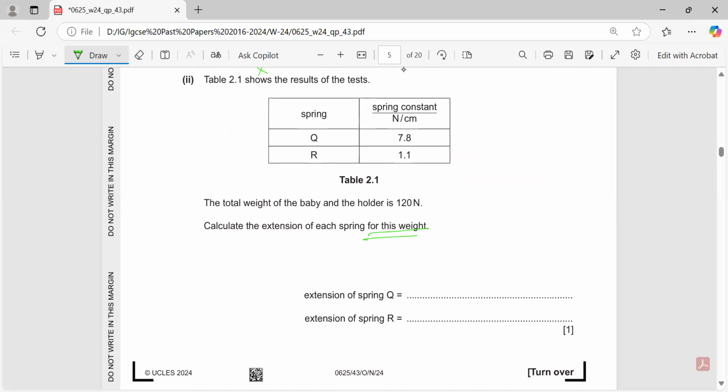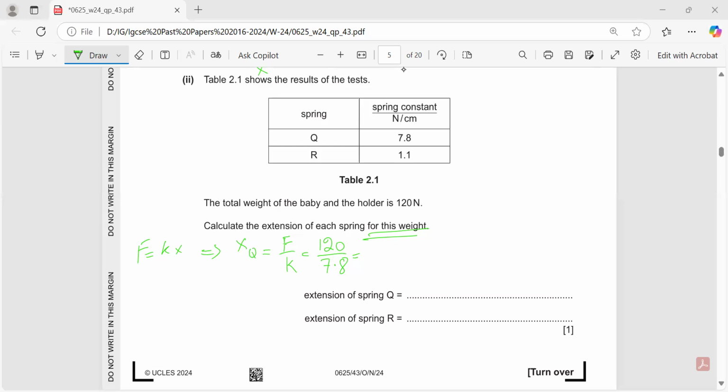Very simple. XQ will be equal to F over K, because you know F is equal to KX. So XQ is equal to F over K. F is how much? 120. K is how much for Q? That is 7.8. So when we simplify 120 divided by 7.8, the answer will be 15.38.